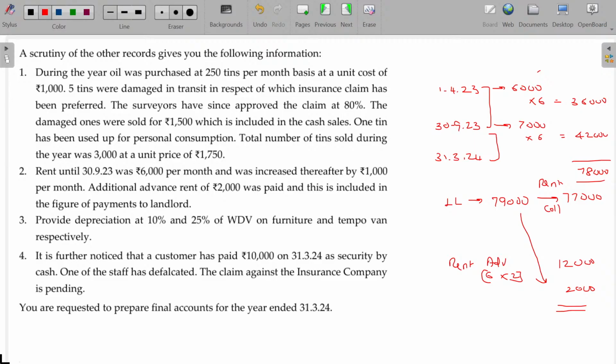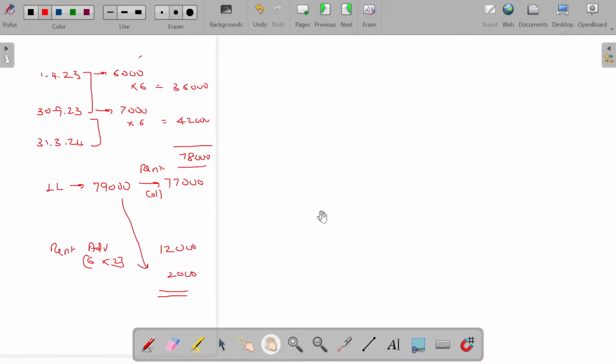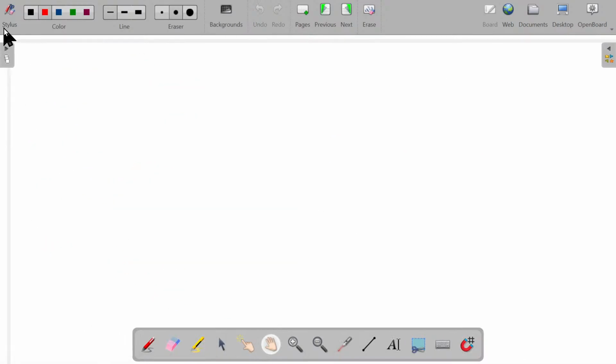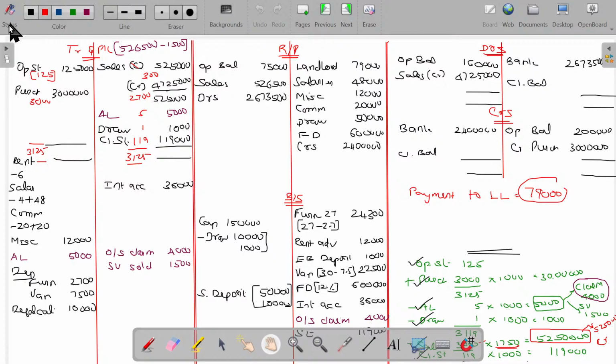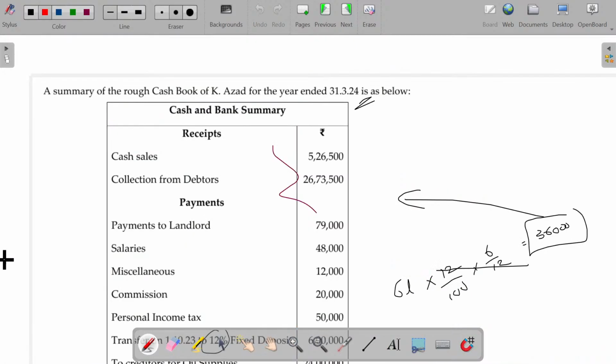Now see here. In this illustration, 6,000 being the outstanding rent in the previous year. Let's see.